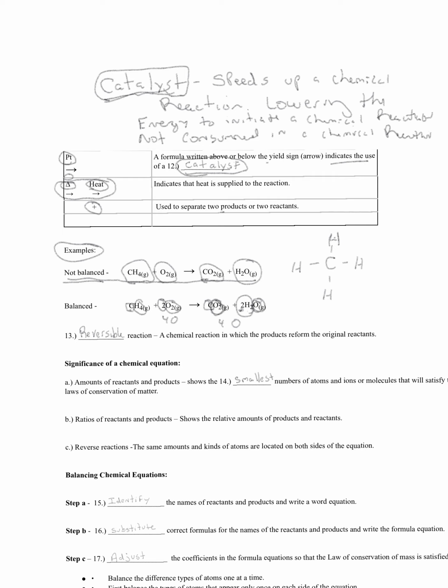And really, there are guidelines you can use for balancing chemical reactions, but it's trial and error. You change the coefficients. You can't change the subscripts, but you can change the coefficients, and you change them to try and make it so that you have the same on the reactant and product side. Right?